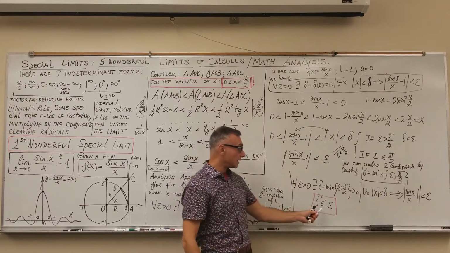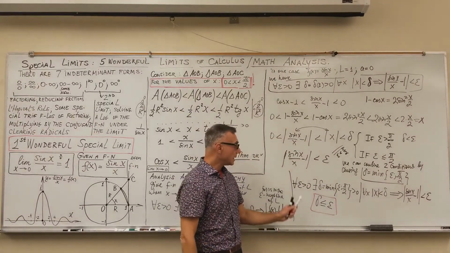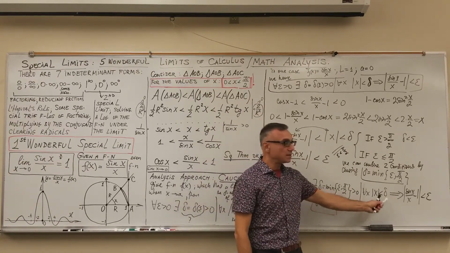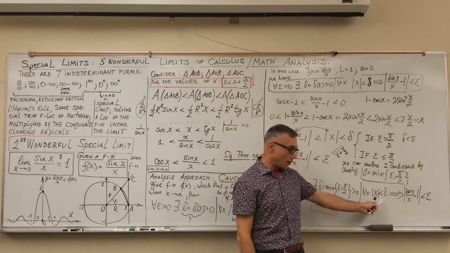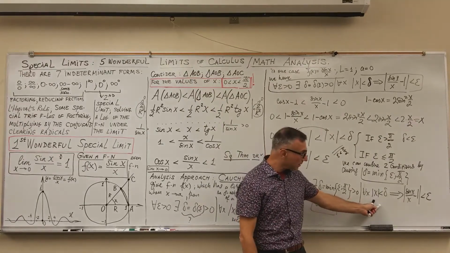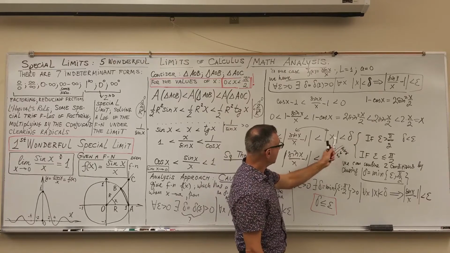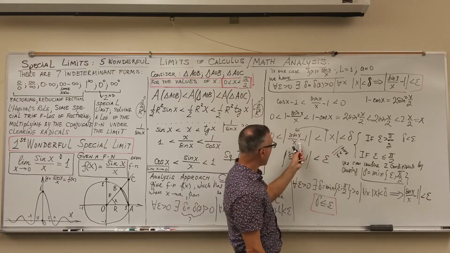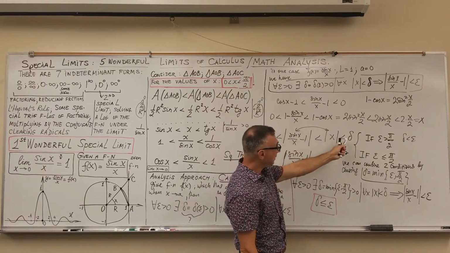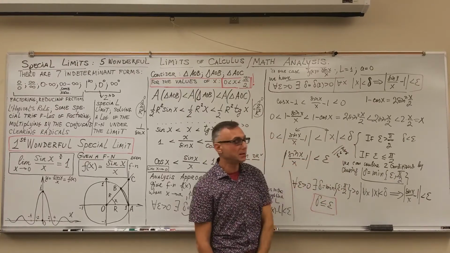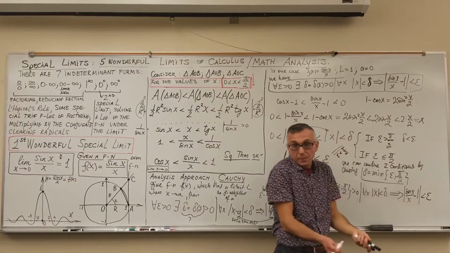When I choose my delta this way, then for any epsilon, when x is in the delta neighborhood of 0, it will exactly imply that sine x over x minus 1 will be less than epsilon, because delta is equal to epsilon in this case, which completes the proof.